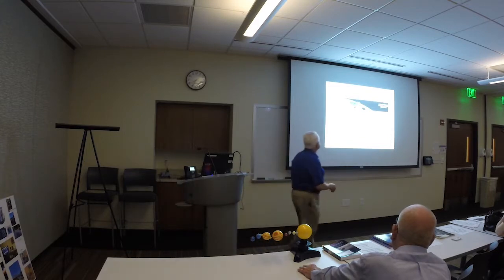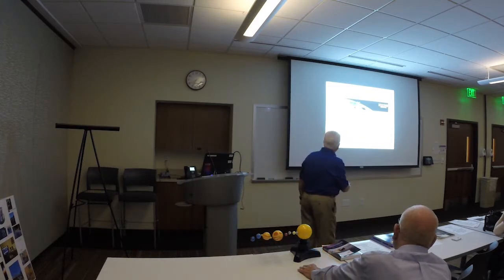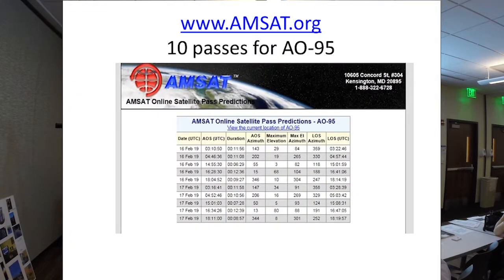And it's going to give us, in this time frame, the predictions from February 16th through the 17th. In this case, these are the next 10 times that satellite's going over my house or within the area that I could talk to it. Let's look at what we have here data-wise. It's telling us how long it will be over, 11 minutes and 56 seconds.